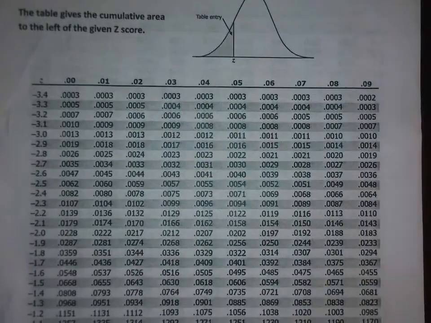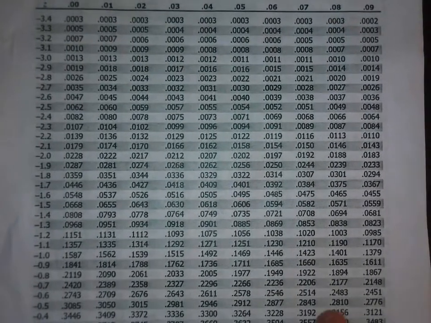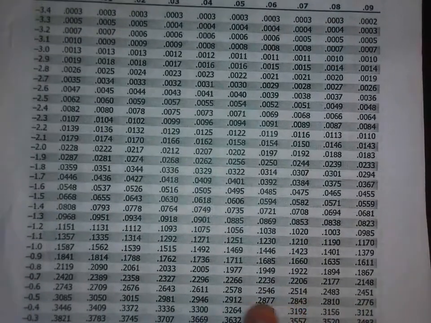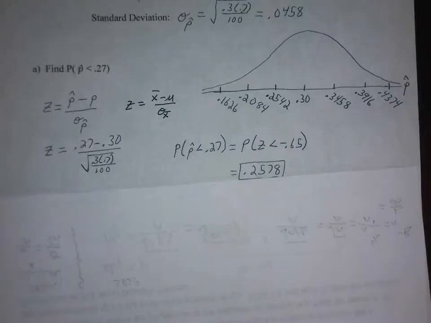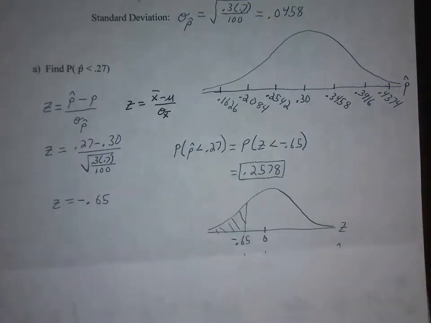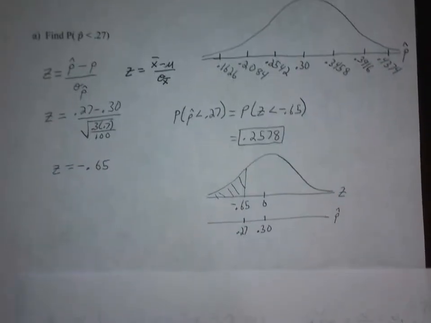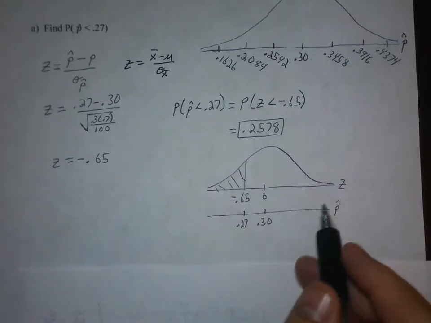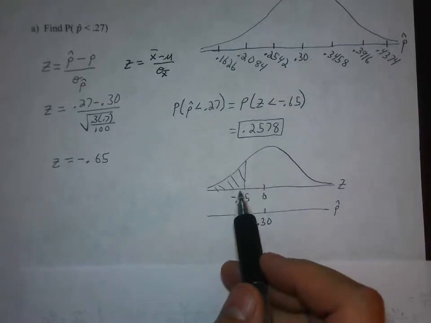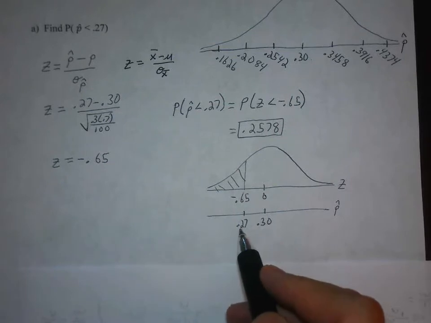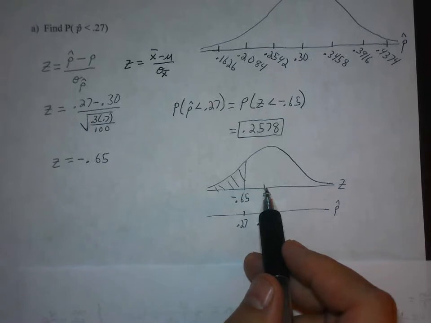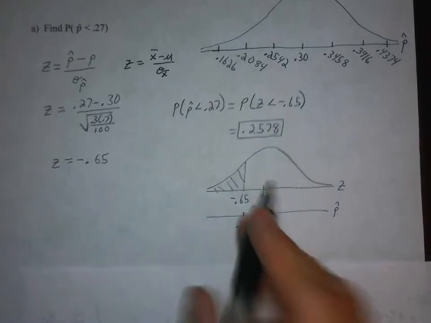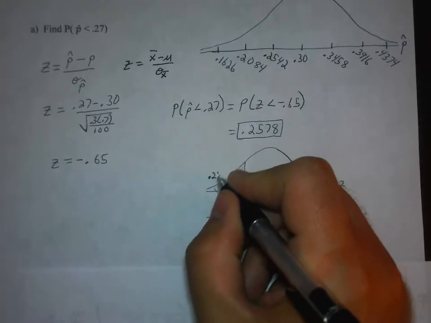Negative 0.65 is right here, 0.2578. If we look at that on the z-axis, negative 0.65 is where our sample proportion of 0.27 is. 0.3 is in the center, so that's a z-score of 0. So this area out here to the left is 0.2578.